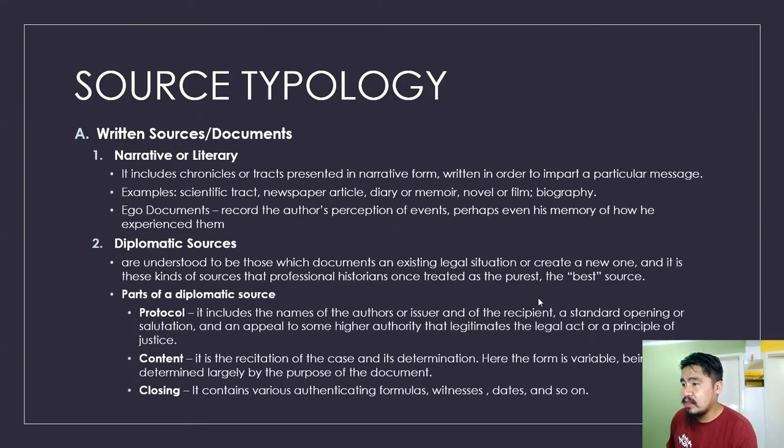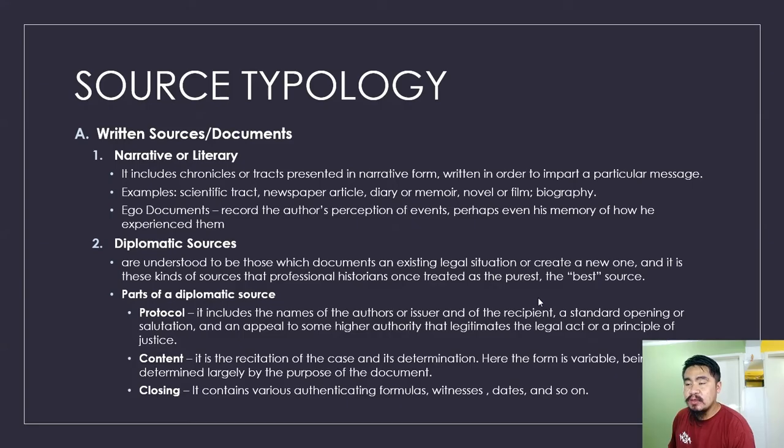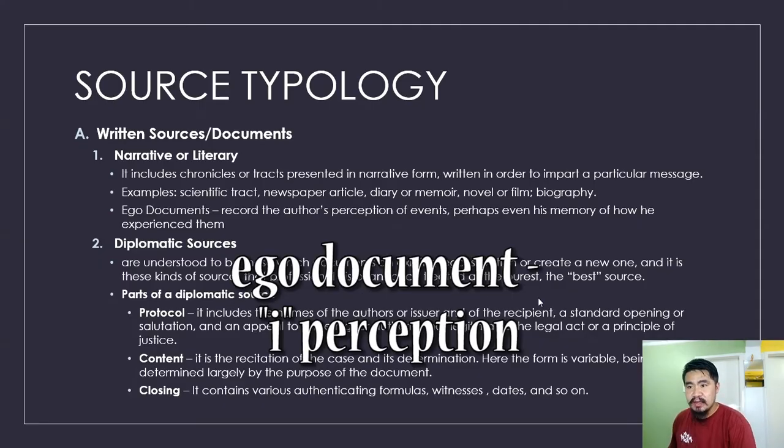Then, to present the first two, we have narrative and we have diplomatic sources. Now, key terms only. When we talk about narrative or literary, it is written in narrative form, obviously. However, they want to deliver a certain message. That message is in the form of ego documents, so there is perception, the I document.